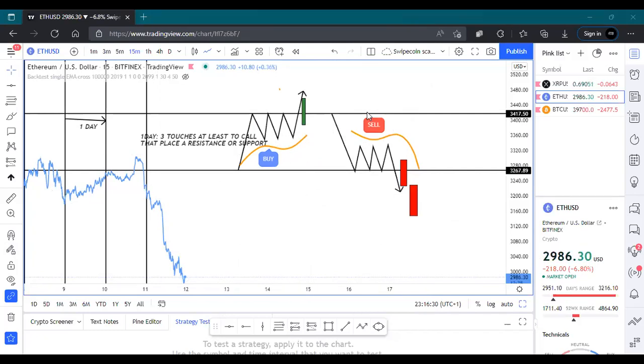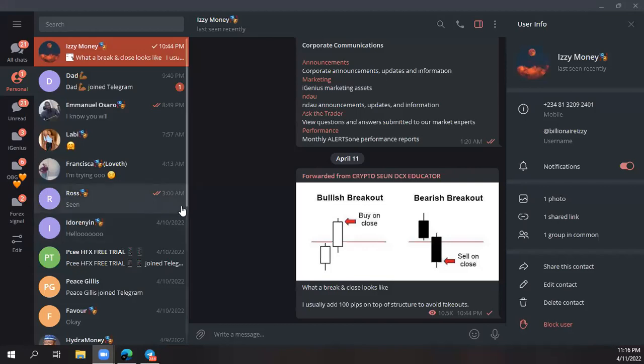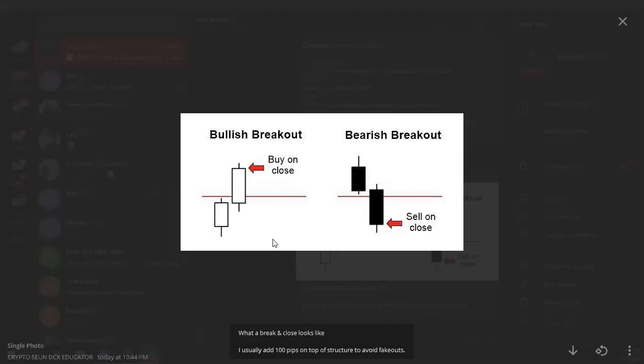Can you guys see it? Hold on. Let me see. All right, let me share again. Let me see if you guys can see it. Tell me if you can see my screen.